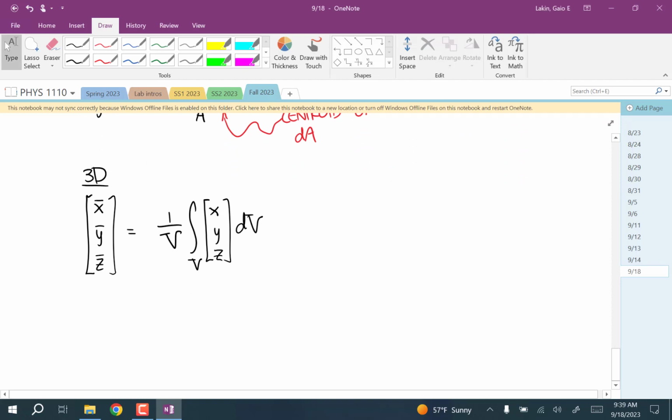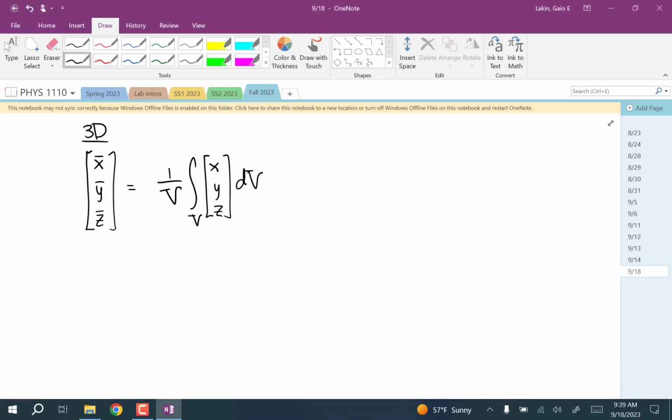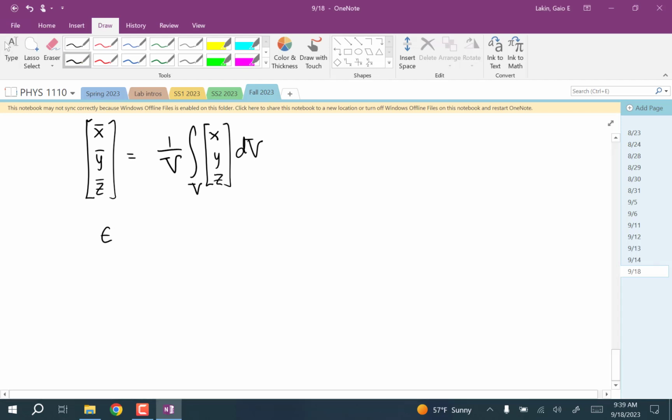So this is an example. Most of my examples are like showing you, let me call this something else actually, a derivation for a right triangle.